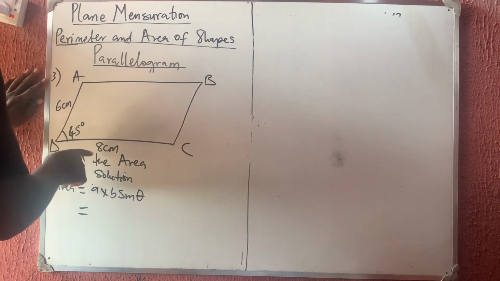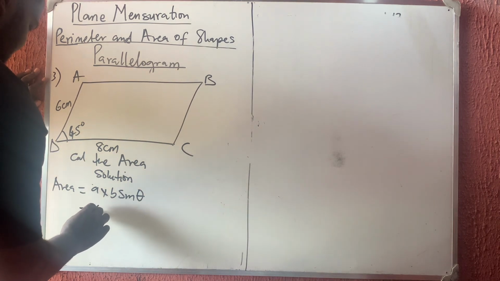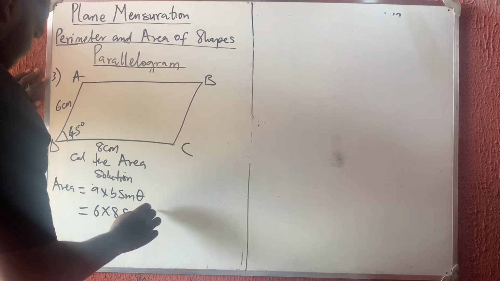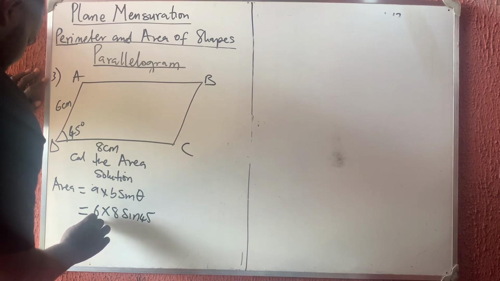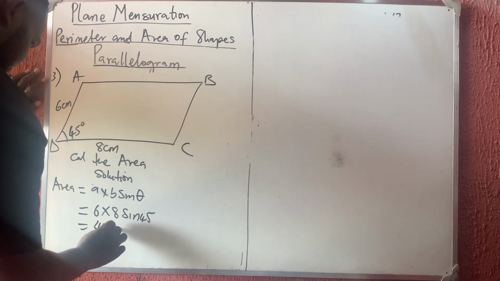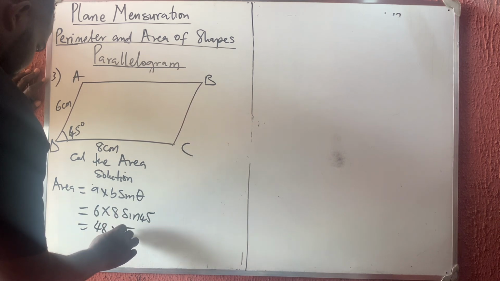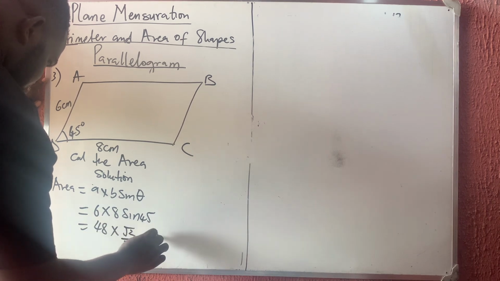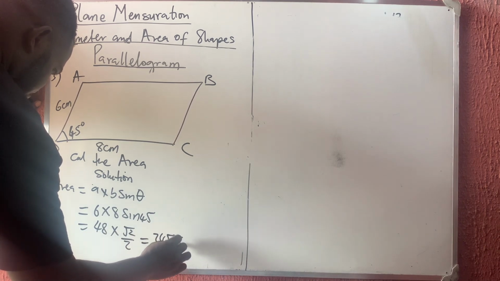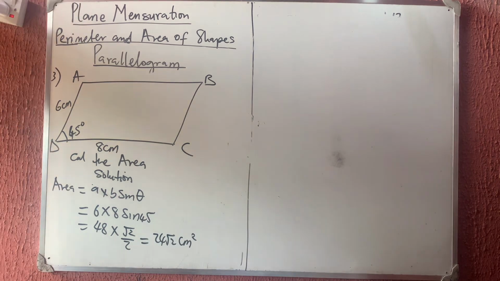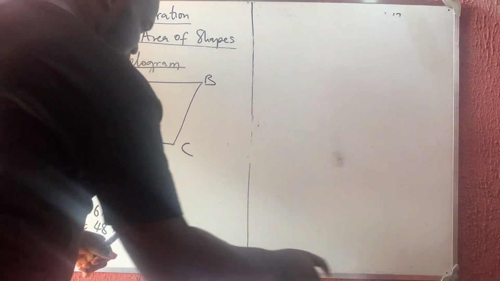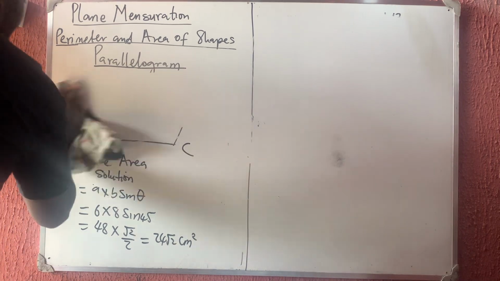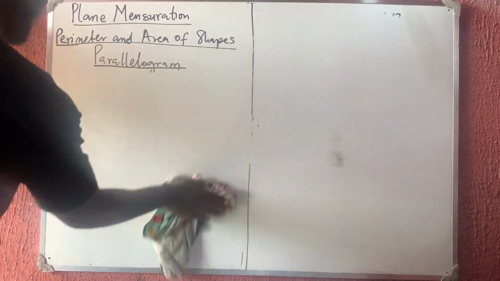So we have 6 times 8 sine 45. 6 times 8 is 48, times sine 45 which is root 2 over 2, which will give you 24 root 2, in cm square. So that is the answer, 24 root 2 cm square. So we'll move to the next question. Question number 4.